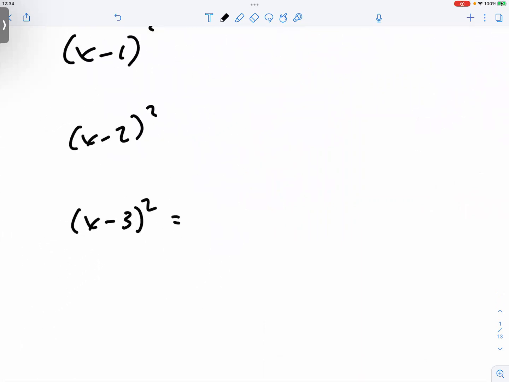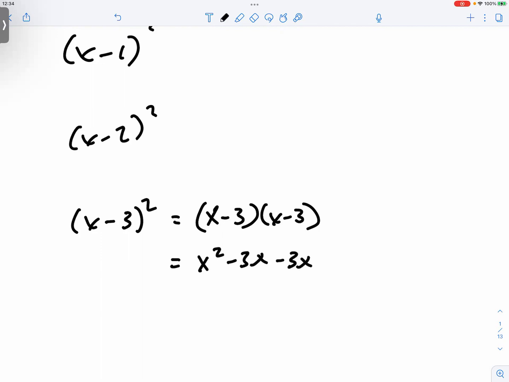Do you know x minus 3 in parentheses squared? That's the first question I'm going to pose. Do you know that this is x minus 3 times x minus 3? Do you know that this is going to be this when you do FOIL, and when you combine like terms, that's what you get?